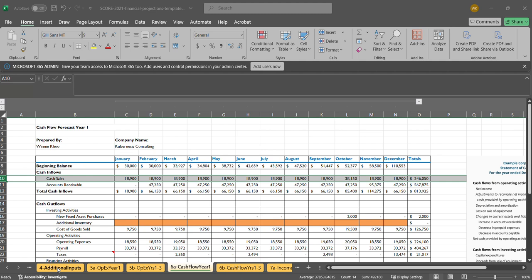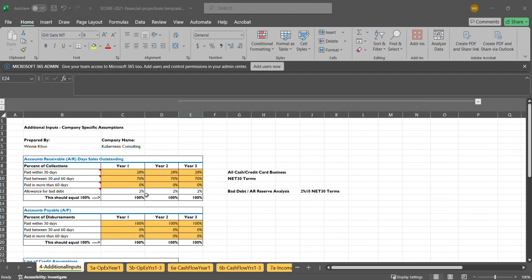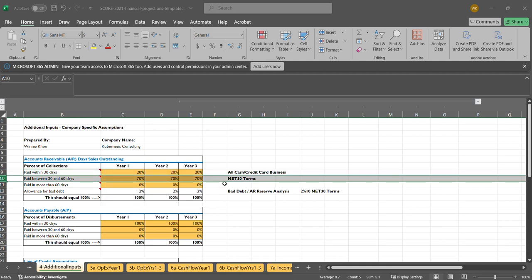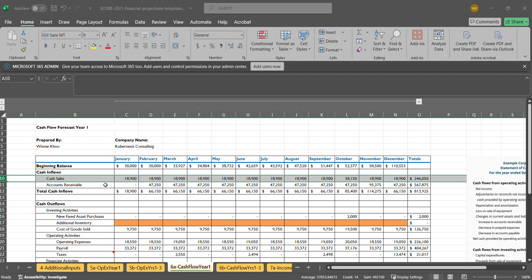So from the additional inputs, the percentage of collections here drives the cash flow. So everything that is paid within the month is all cash, versus AR with net terms of net 30. And we see how that affects the cash flow here.